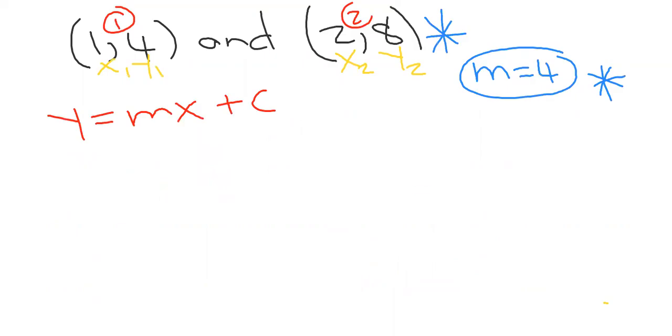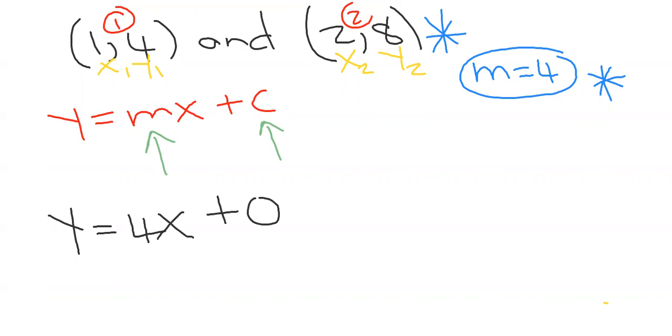When we substitute, we are only substituting the value of m and the value of c. You leave out the value of y and x. That gives us y equals, our m is 4, so 4x, and our c is 0.